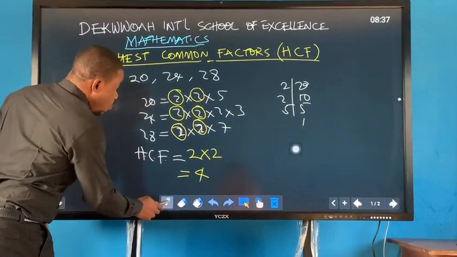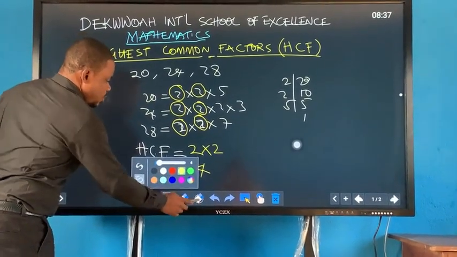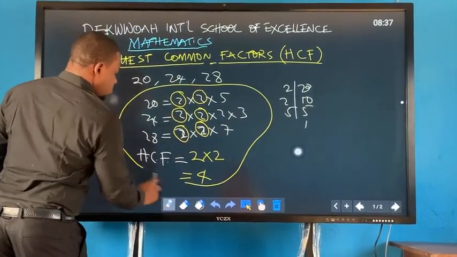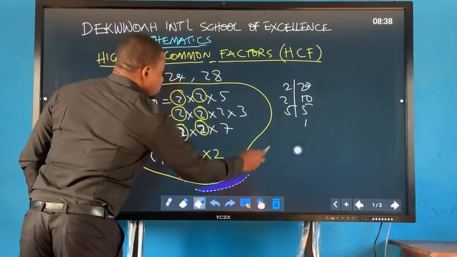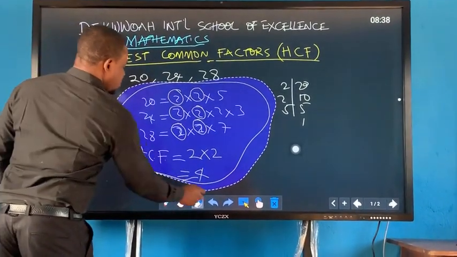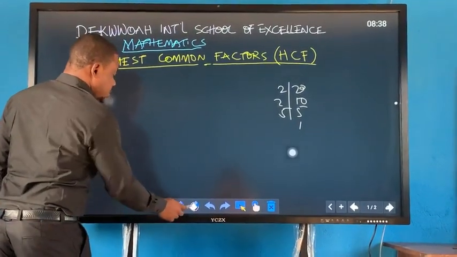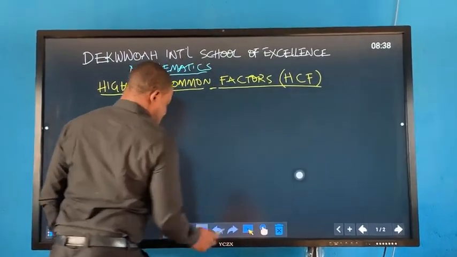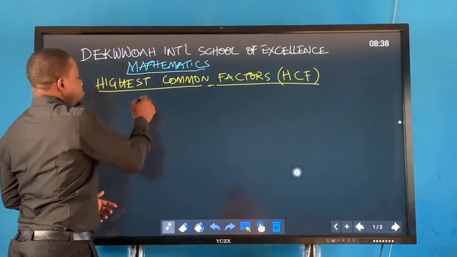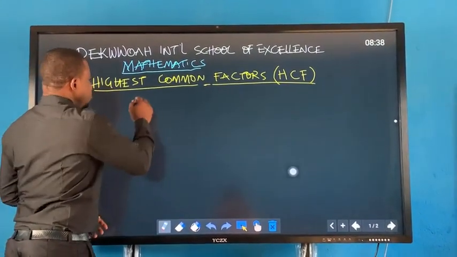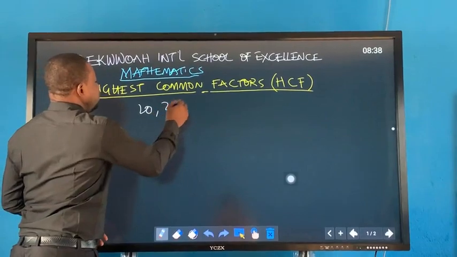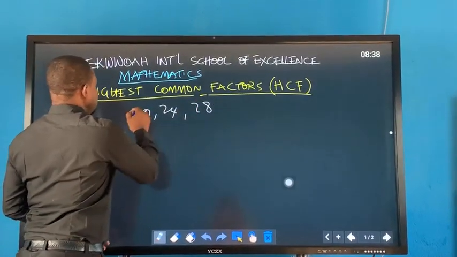Let me show you one more way to go about this. I'm still using the same set of numbers. Right? I'm using the same 20, 24, and 28.